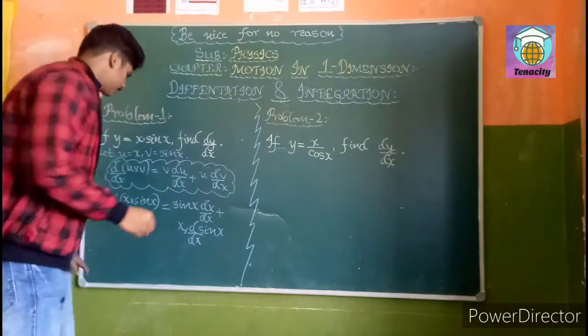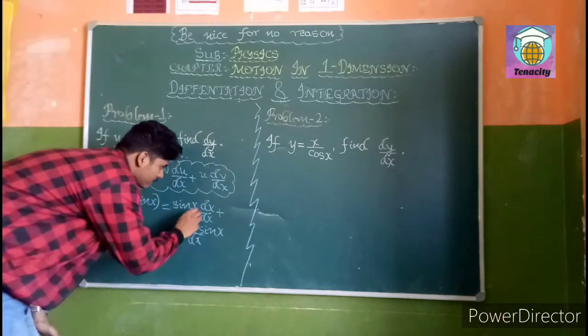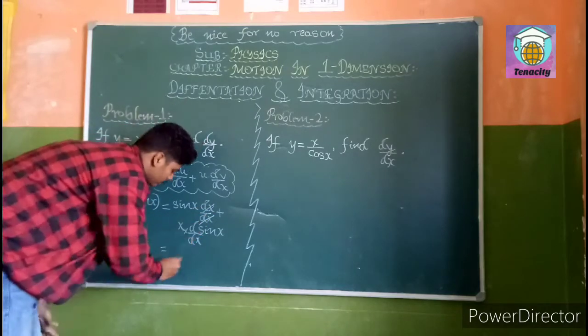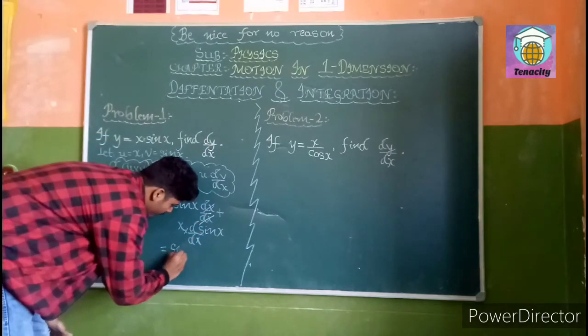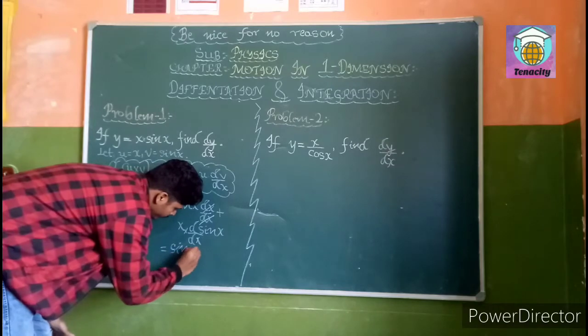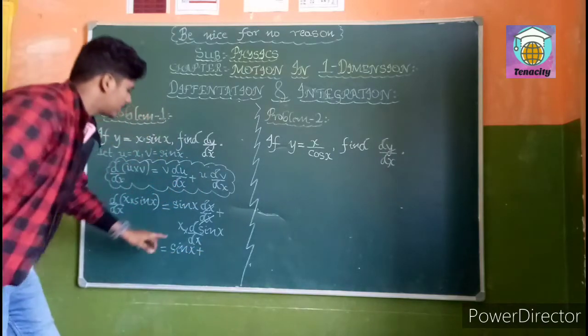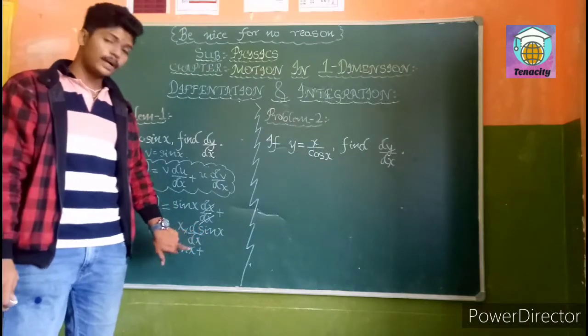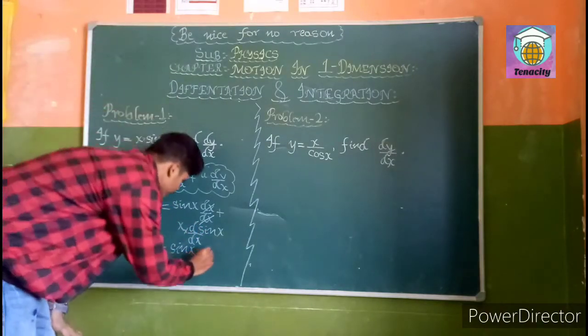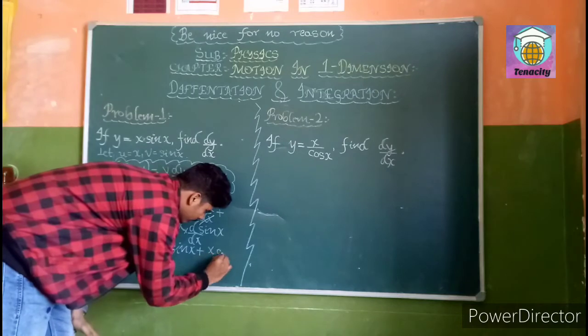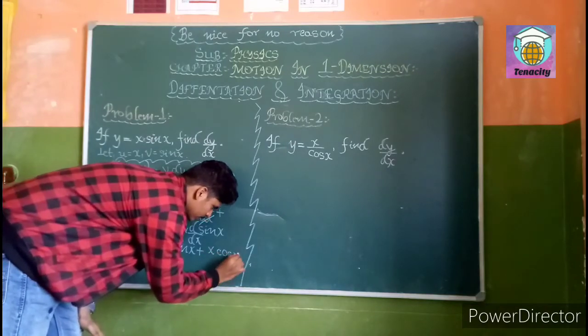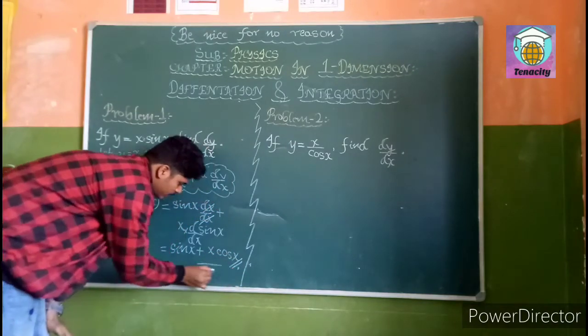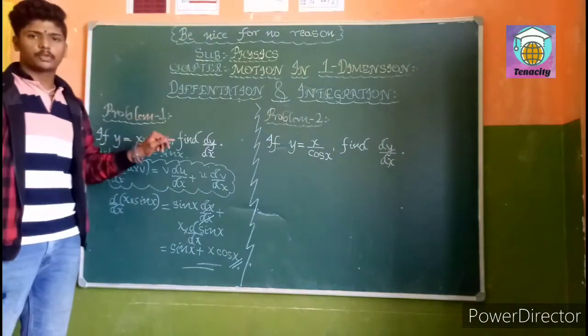After this, sin x into dx by dx cancels. So sin x plus x into d by dx of sin x. d by dx of sin x is cos x. So plus x cos x. So this is the answer for this problem.